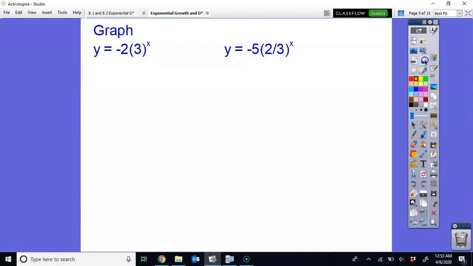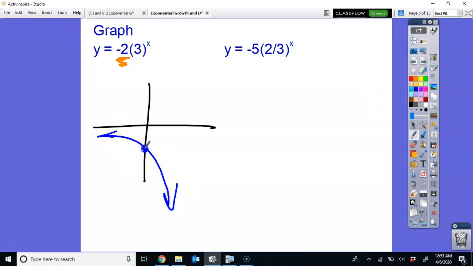I do want to warn you that if you see a negative out in front like this, what that is going to do is that is going to mean your beginning amount is negative, and if you start tripling a negative number like this 3 would do, you would notice a graph that goes down like this. But even though it's going down, that would still be exponential growth. And I know that's weird, but this number in here, remember, is the big key determining factor of whether something is growth or not.